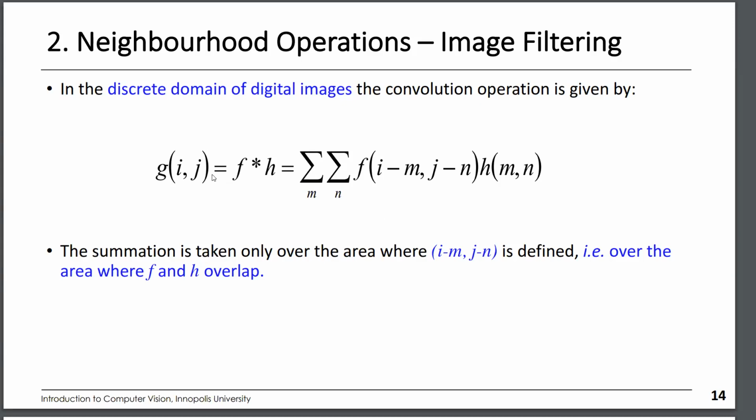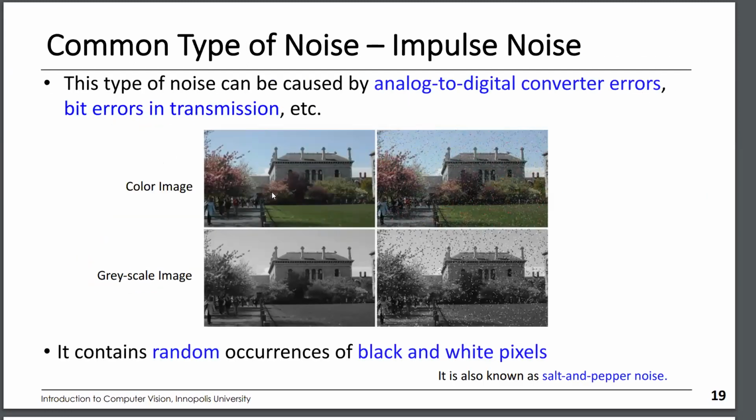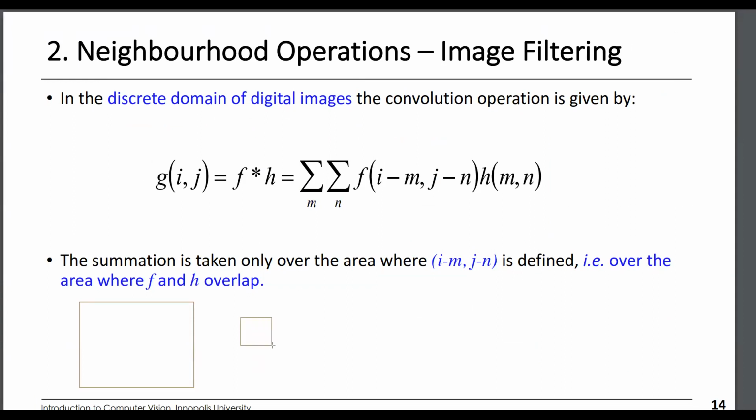So basically, the convolution of an image F with H as a kernel. Let's define it using images, right? Let me do it manually. So this is our image. This is our kernel. And this is our output image. For every single pixel, let's say we are taking this pixel here.